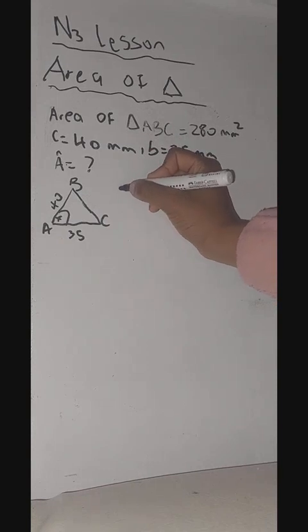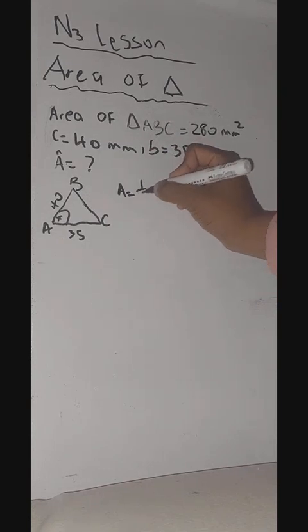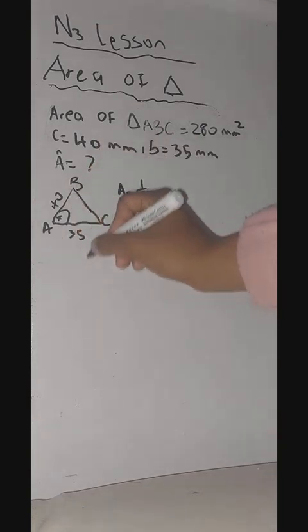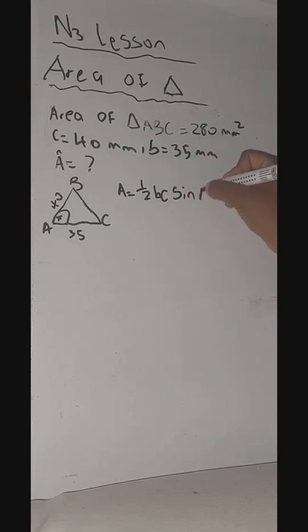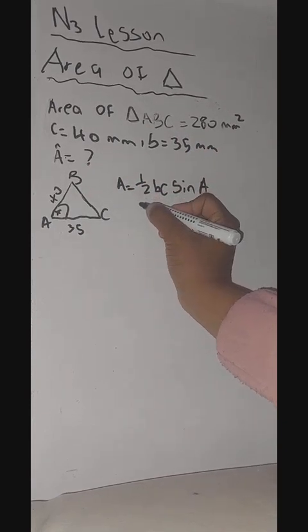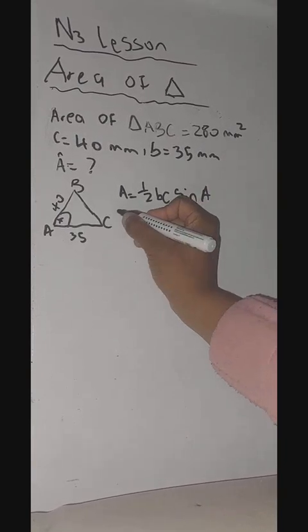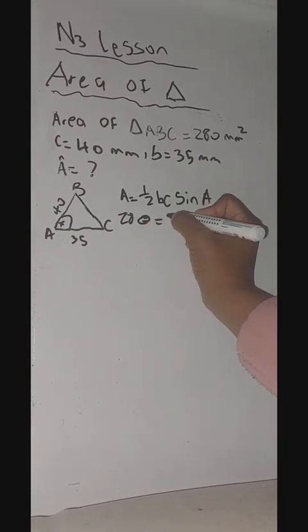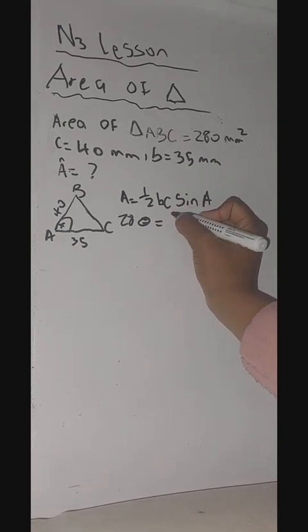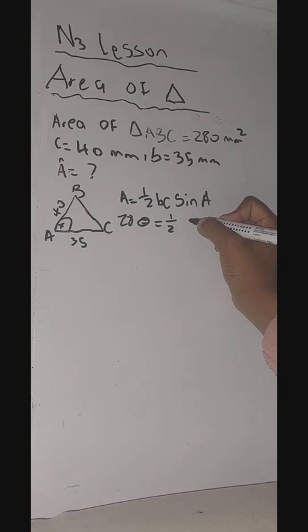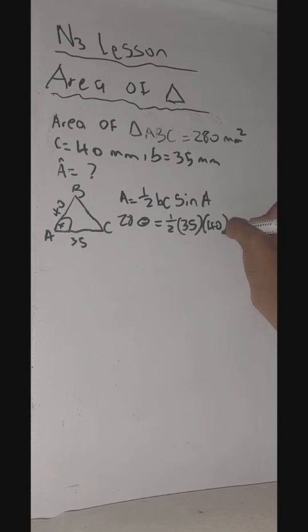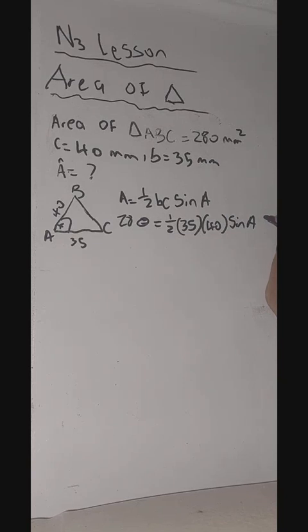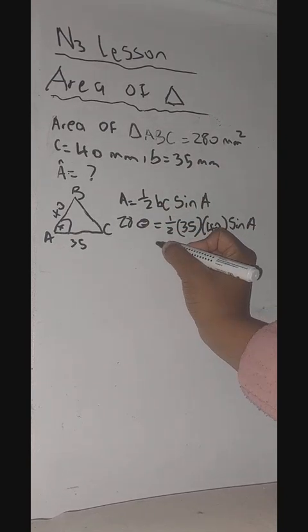So we already know that the area is going to be half times B times C times sine A. We are given the area to be 280, so 280 is going to be half times B, which is 35, times C, which is 40, times sine A. We don't have that sine, but we have everything else.